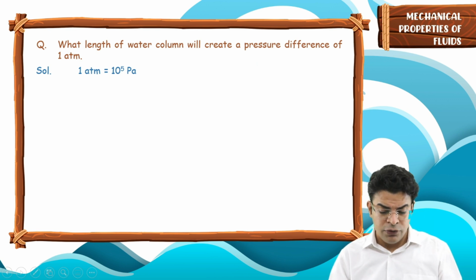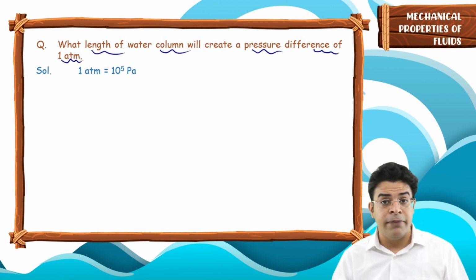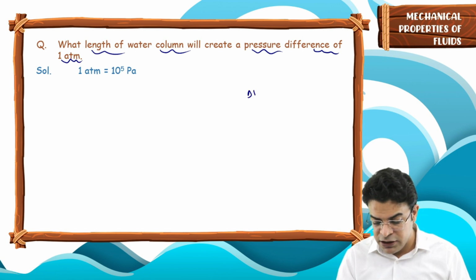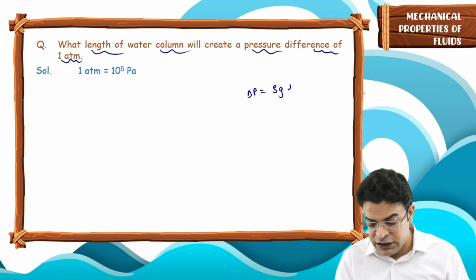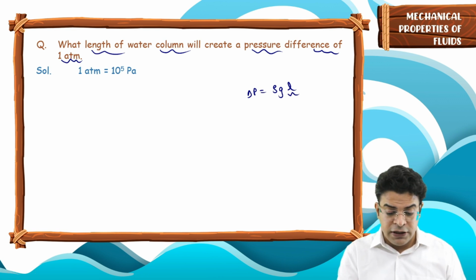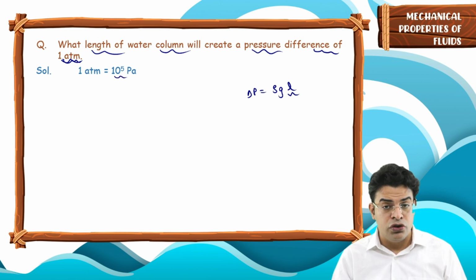So the question is, what length of water column will create a pressure difference of 1 atm? We know that if we have a water column of length L, the pressure difference created by it is rho gL. So delta P equals rho gh.